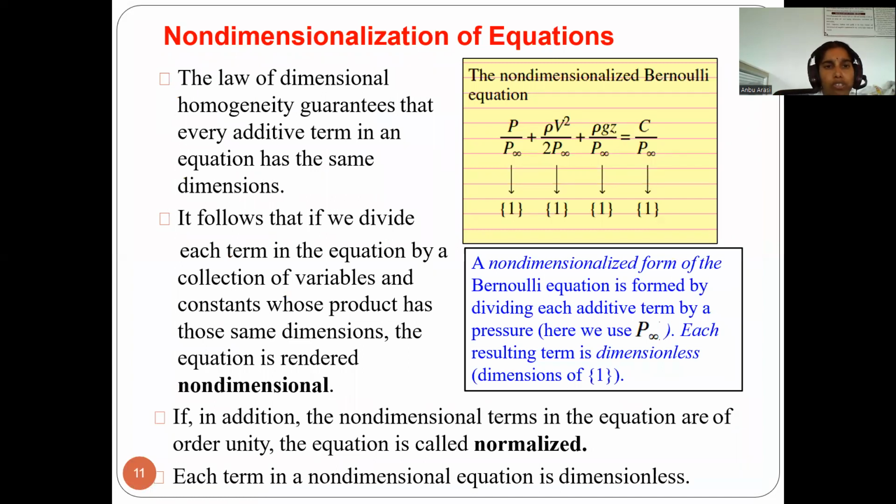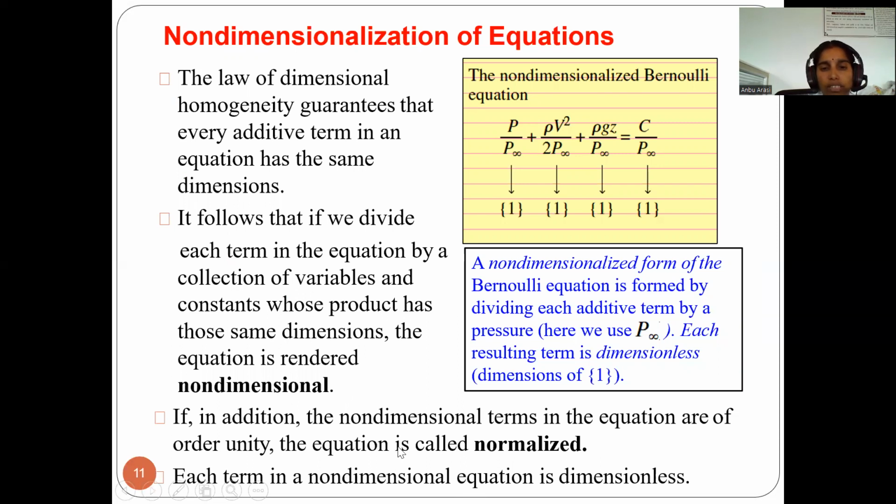Non-dimensional equations. The law of dimensional homogeneity guarantees that every additive term in an equation has the same dimensions. It follows that if we divide each term in the equation by a collection of variables and constants whose product has those same dimensions, the equation is rendered non-dimensional.